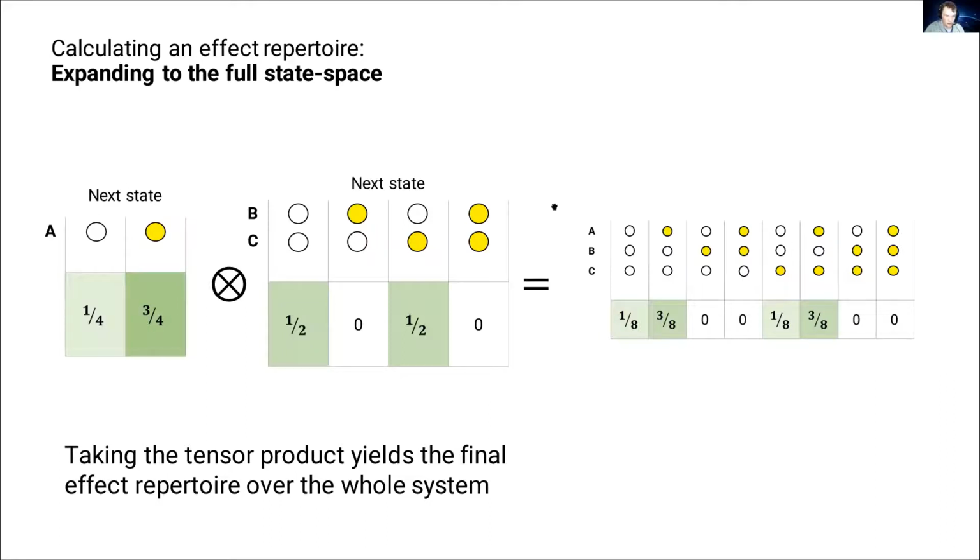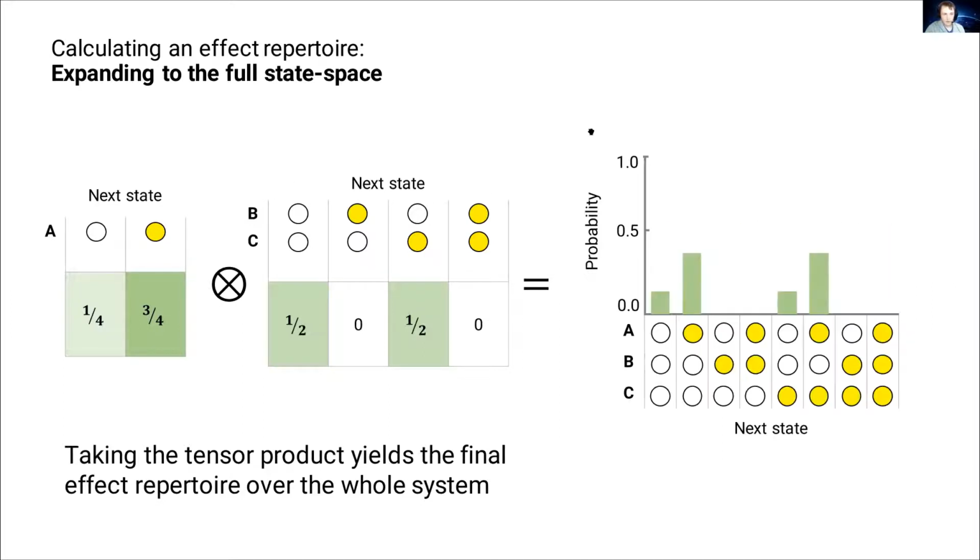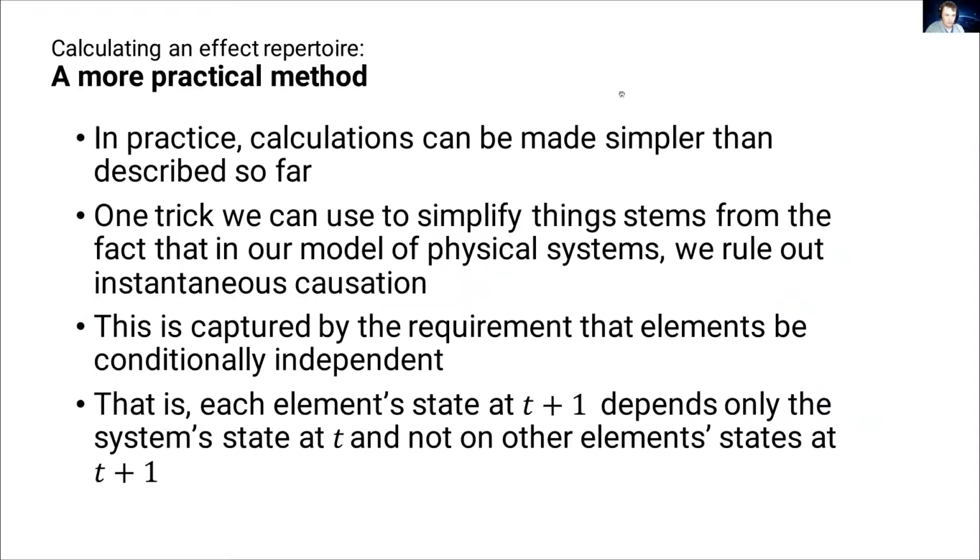So a half by a quarter gives us an eighth here, and a half by 3/4 gives us 3/8 here, where these states only differ by the state that A takes, whether A is off or A is on. And we can do this for every combination of the unconstrained A with our constrained purview elements here. And that gives us this probability distribution over the entire candidate system.